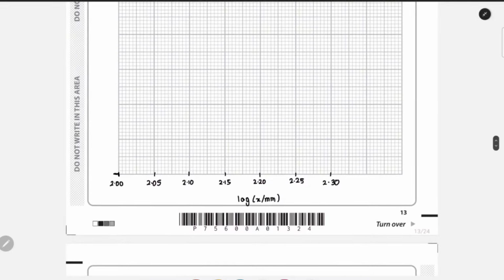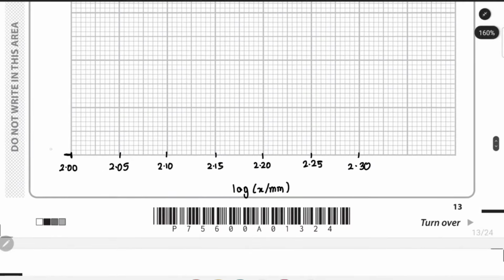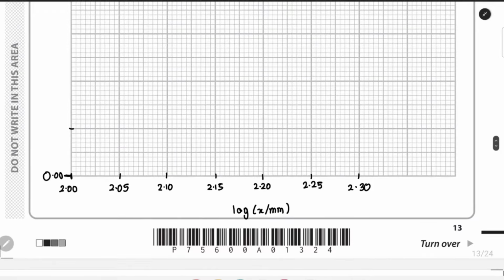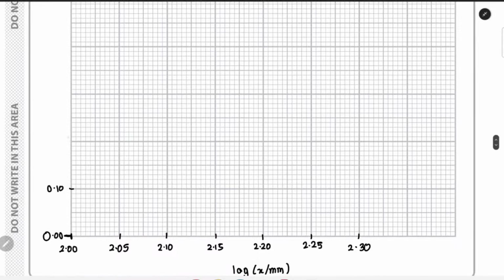So we can start here from 0. So 0.10, 20.